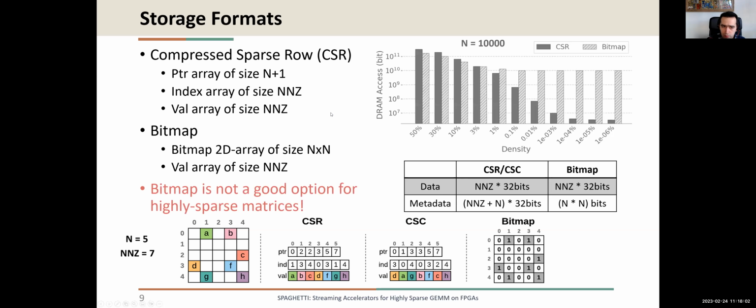So if you look at here, I'm showing the number of DRAM accesses, or the number of bits that we need to store in DRAM for a given, I think, 10,000 by 10,000 matrix, but different levels of sparsity or density.